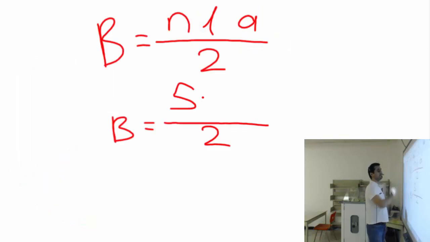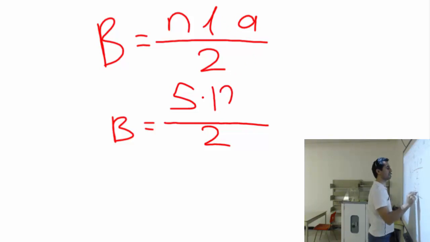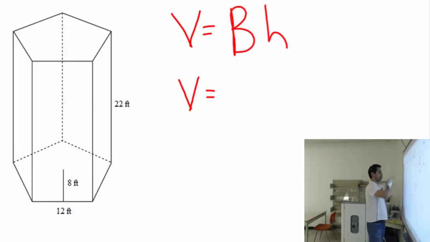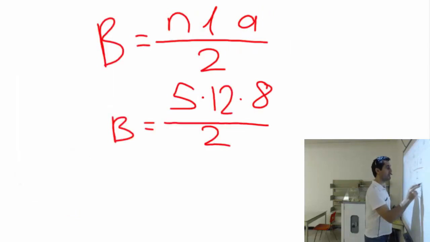Let's go write that down. So L is supposed to be 12 times A. That's this. I remember that, which is 8. So I'm going to write down 8 here.